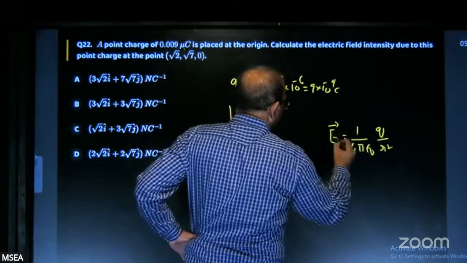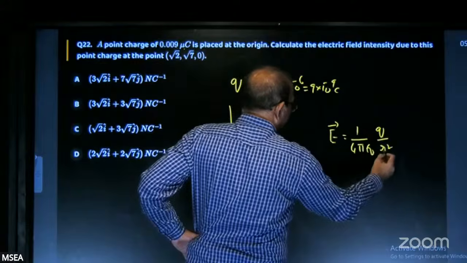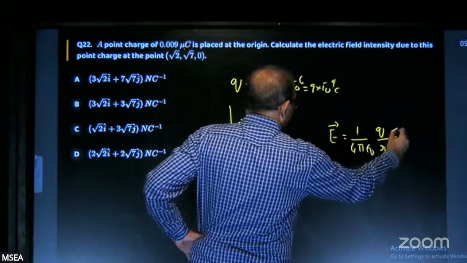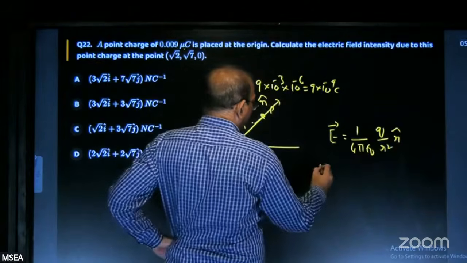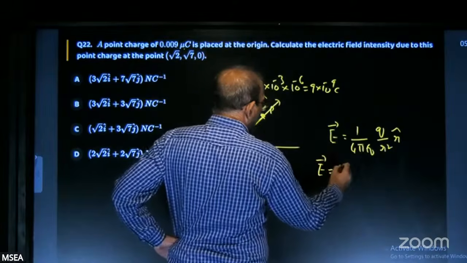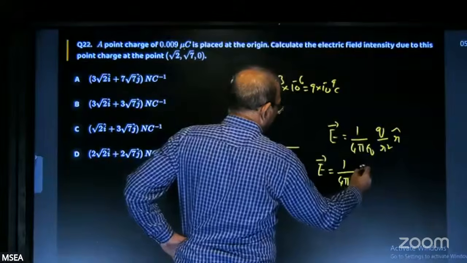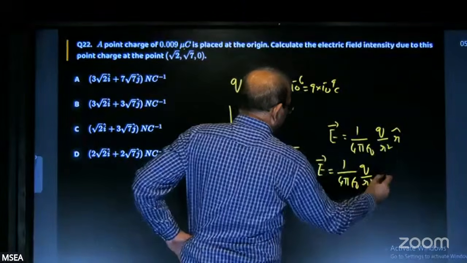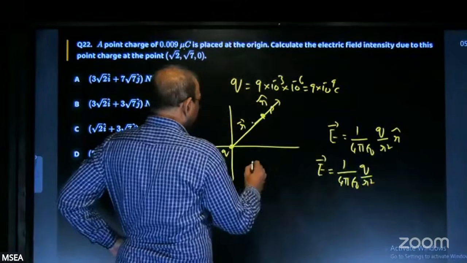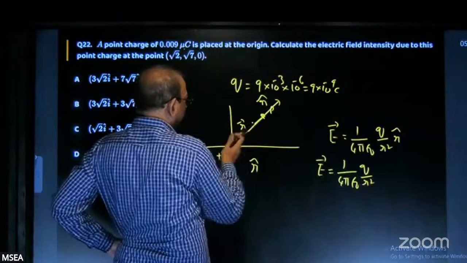So E bar equals 1 by 4 pi epsilon naught q by r square into r cap. What is the unit vector along this position vector line?